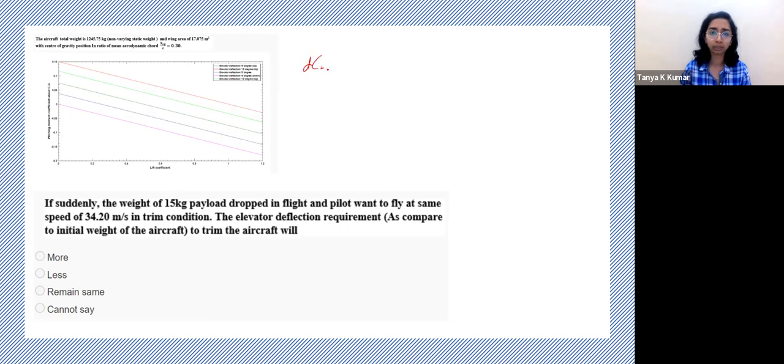Again, take the slope, dCM by dCL, take the 2 points, but your weight has changed, so CL trim would have changed, correct? CL trim is 2W by rho S V square. V is same, but your W has changed. CL trim in this case would be little less than 0.999.